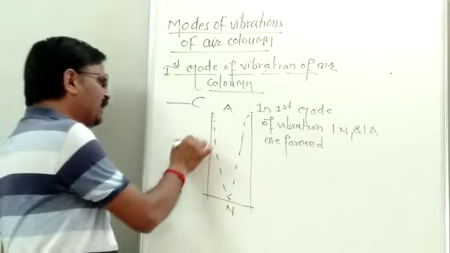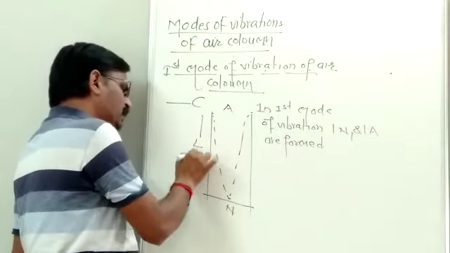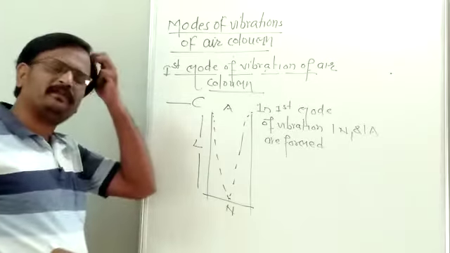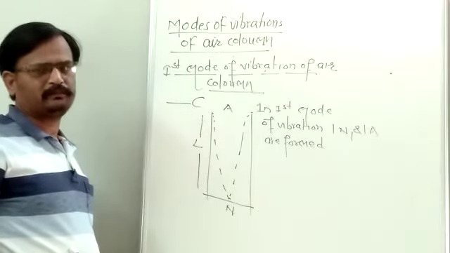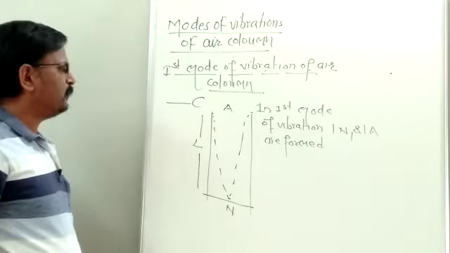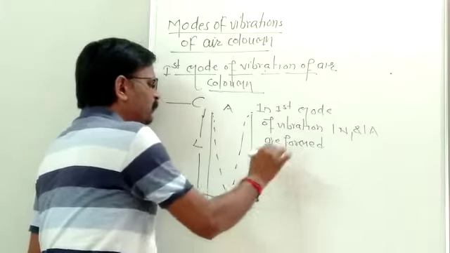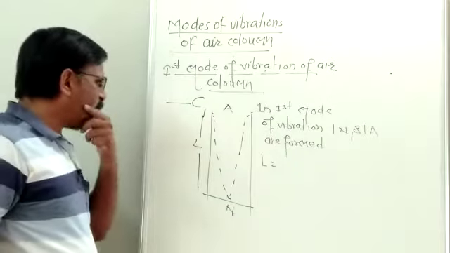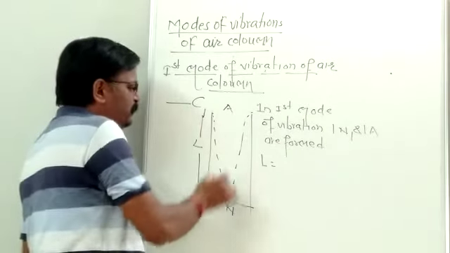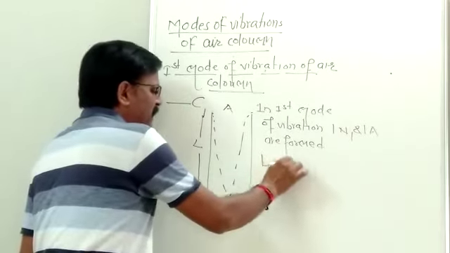Let L be the length of the vibrating air column. Then the total length of the vibrating air column, that is the distance between node and antinode, is lambda by 4.